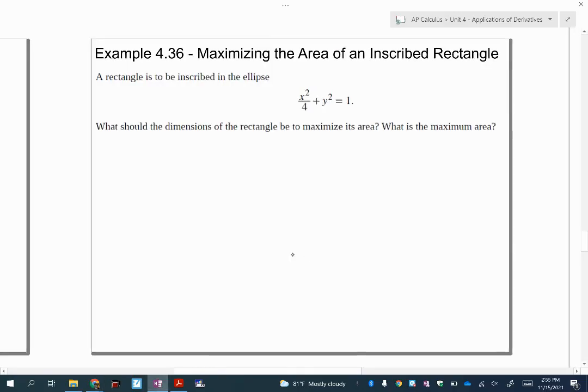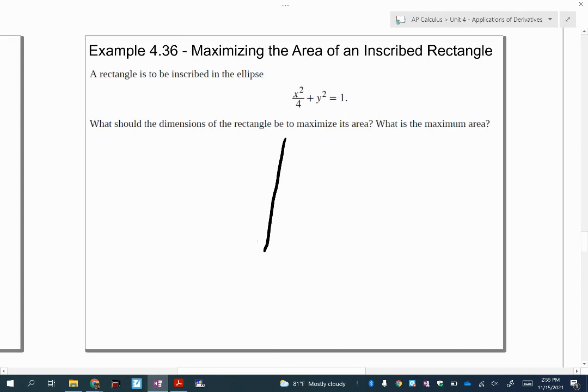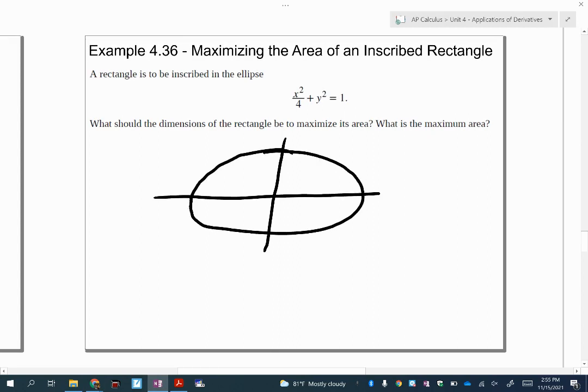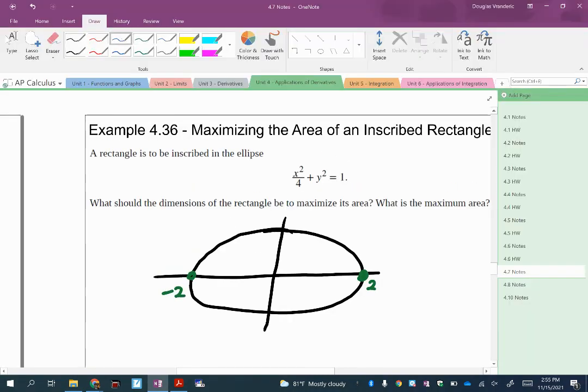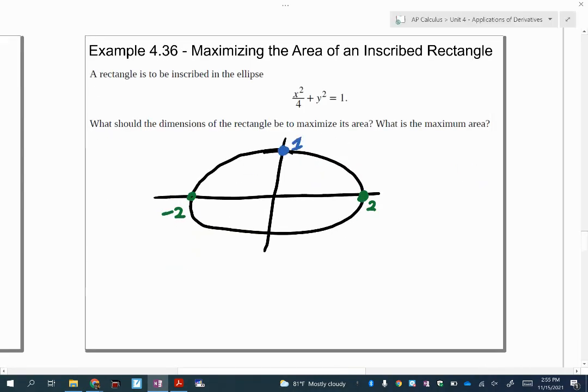So I have an ellipse. Okay, so an ellipse, and it's a horizontal ellipse, where this is going from +2 to -2, and we're going up to +1, down to -1, and we're drawing a rectangle in here that is going to maximize the area of the rectangle.